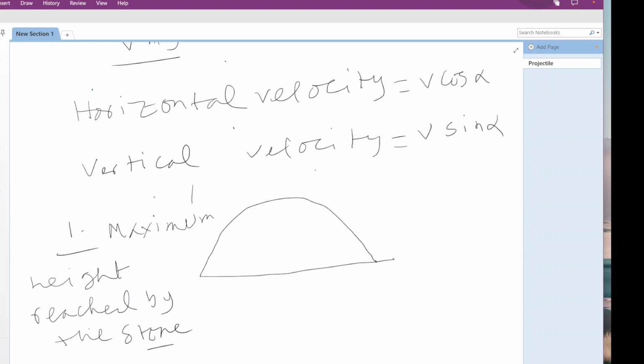This edge, direction of v cos alpha, and direction of v sin alpha is shown, and the maximum height is this. I call it h max.